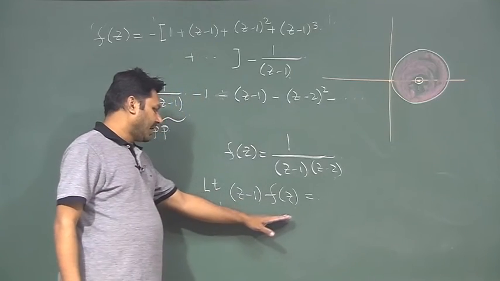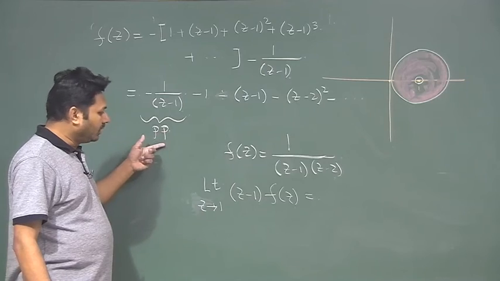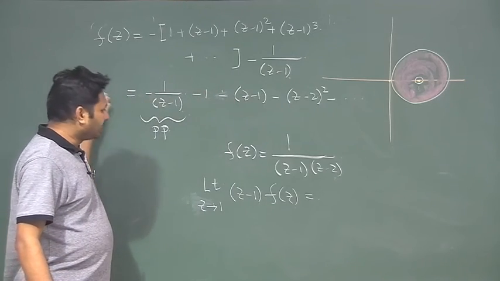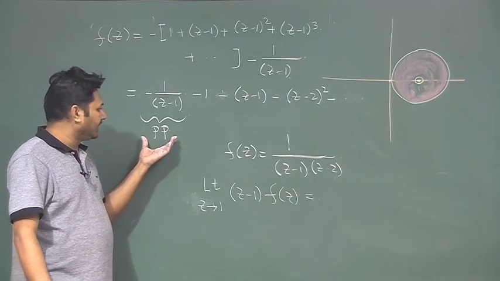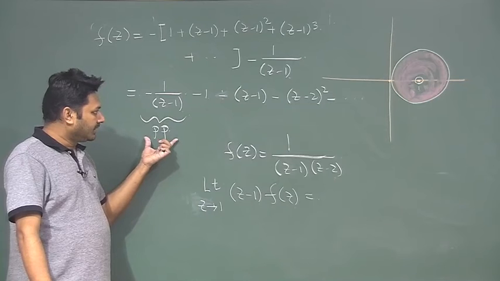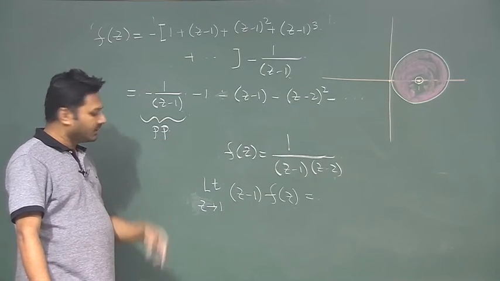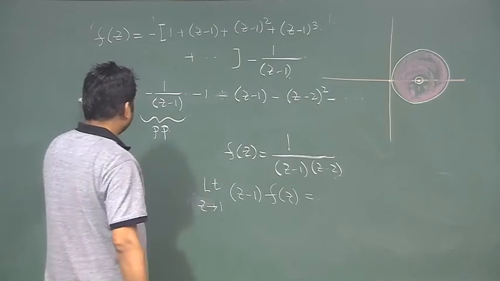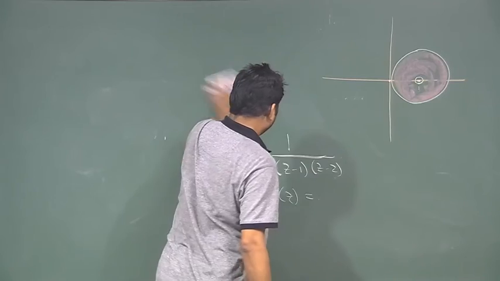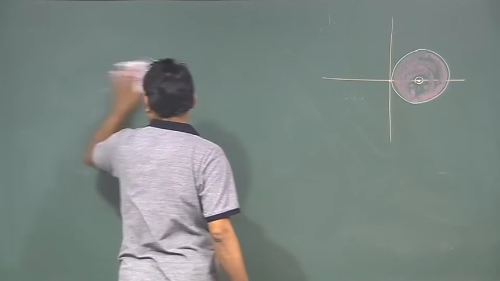Once I have a finite limit, that means it has a pole of order 1, and when I expand this in terms of the Laurent series, again we have the same thing. So we have one principal term here, and that suggests that it should have one pole in this expression.